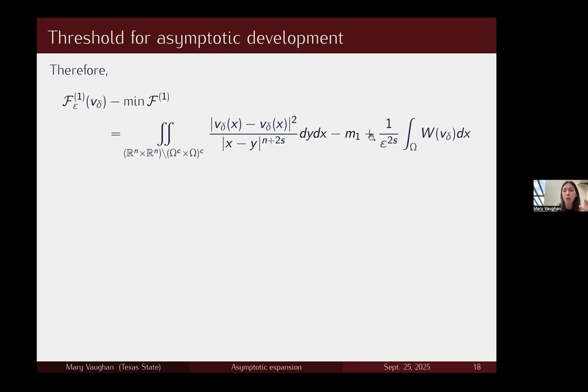So this was the M1 here. I have the kinetic energy, which is scaled by 1 because I'm in the case s less than a half. And then I have the potential energy here, which has the 1 over epsilon to the 2s. So I showed this difference is less than a negative number with this part having to do with delta.